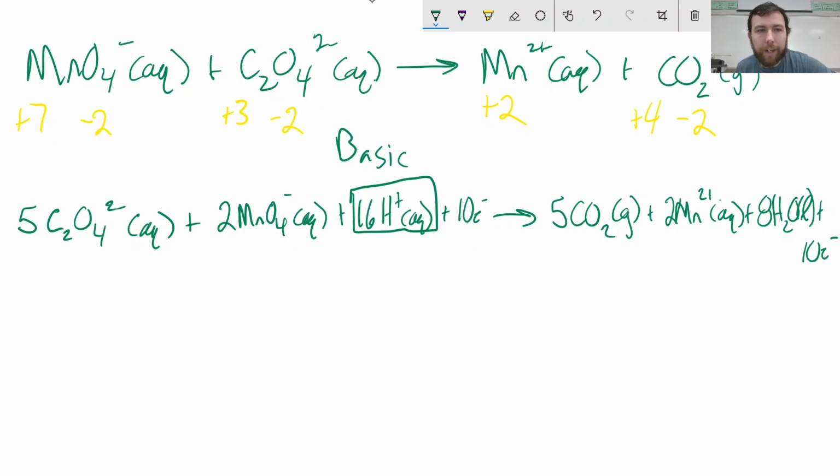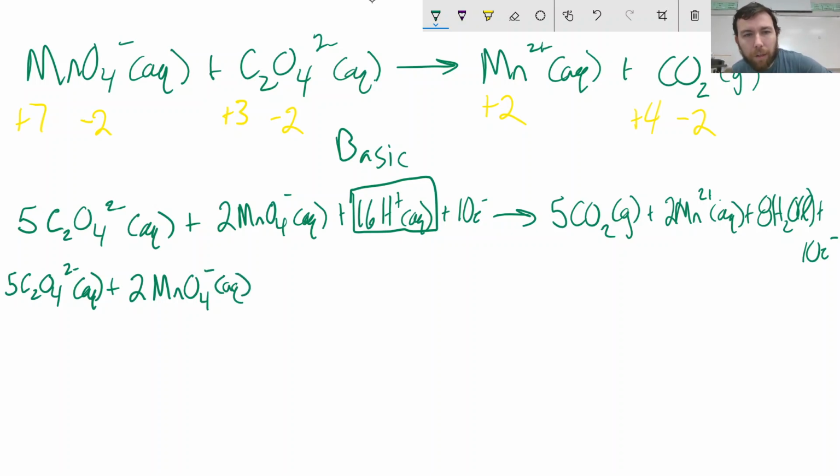So if I add all that together, we're going to have 5 C2O4 2- (aq) plus 2 MnO4- (aq) plus 16 H+ (aq).